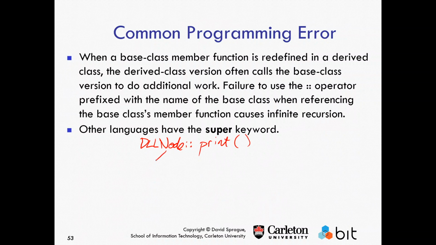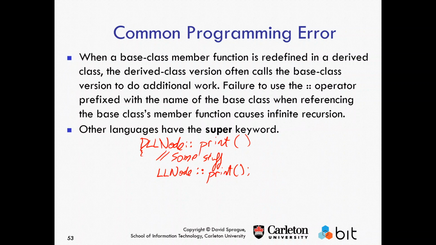Print some stuff, and then I should be able to go colon colon. I can explicitly call the parent's version of that particular function if I want.